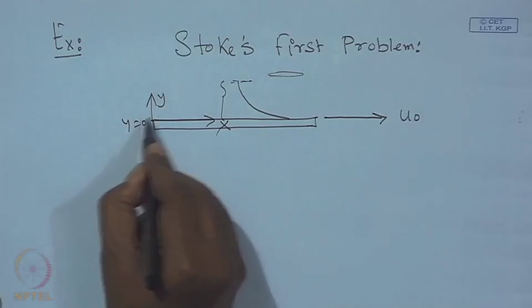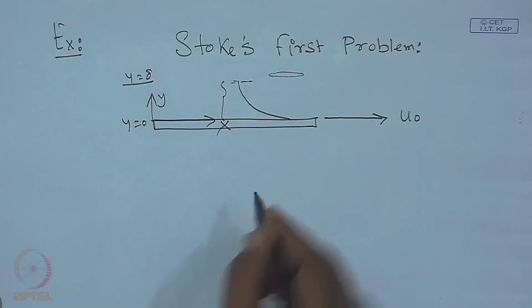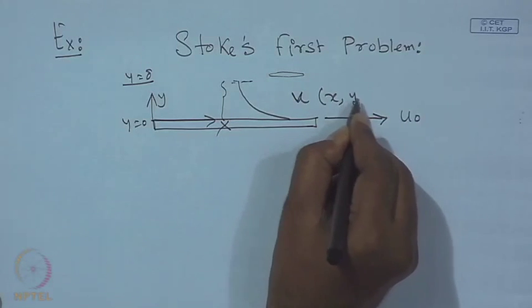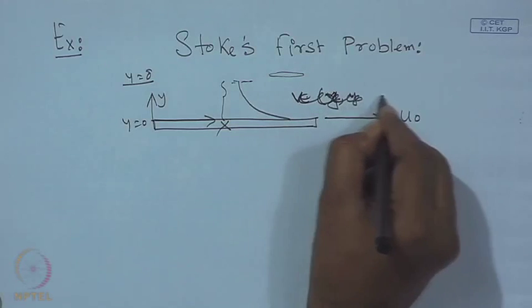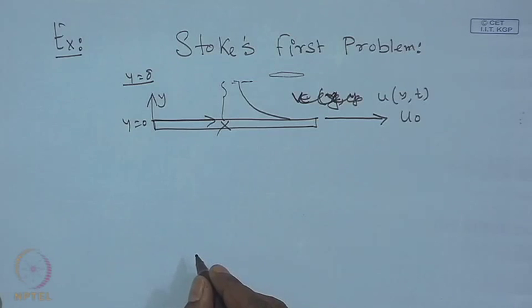So, this is y equal to delta. Okay. So, let us solve for the velocity profile as a function of y and t.